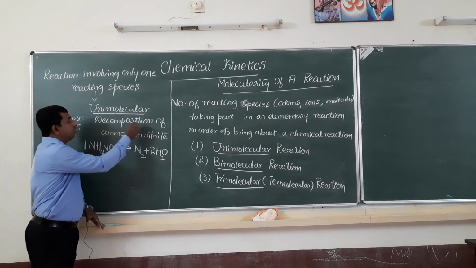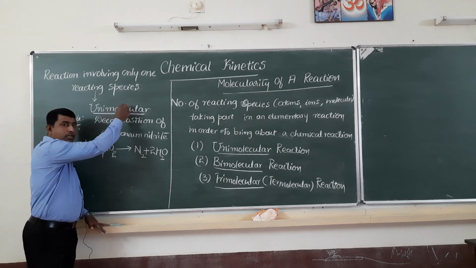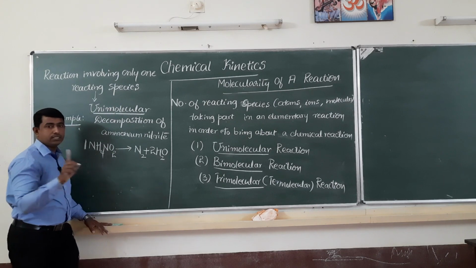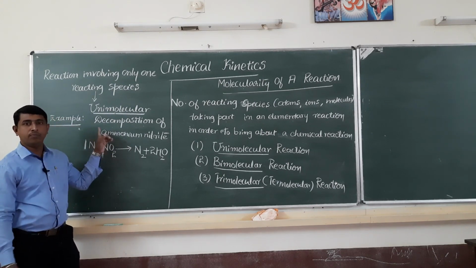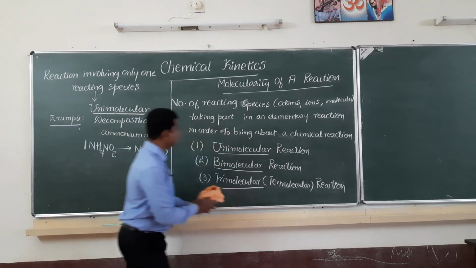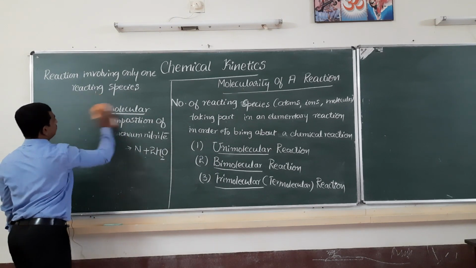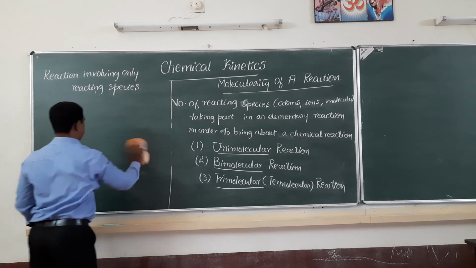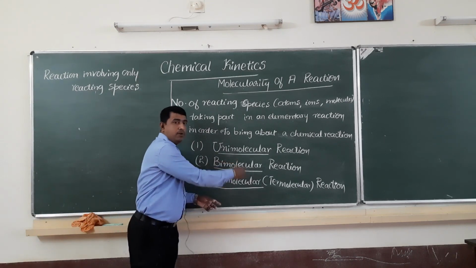So, decomposition of ammonium nitrite is an example for unimolecular reaction, because in the balanced equation there is only one reactant molecule. Second type of reaction, that is bimolecular reaction.